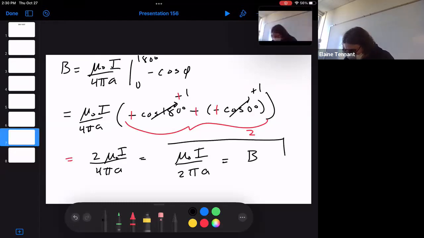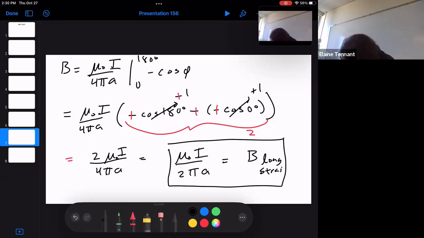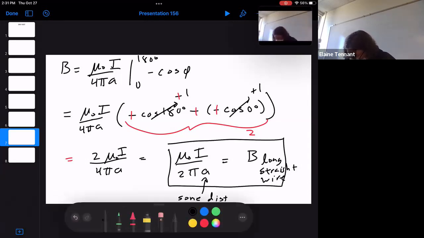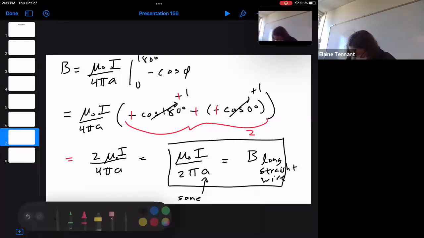Okay, so let me go ahead and circle this up. This is the magnetic field of a long straight wire, some distance A away from the wire, where this is some perpendicular distance, I should say.